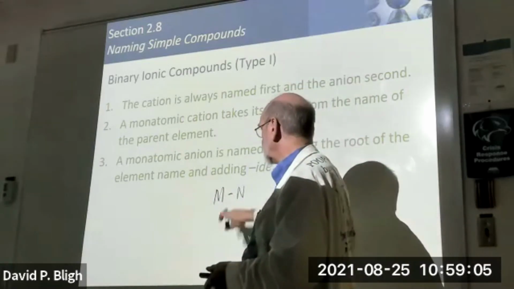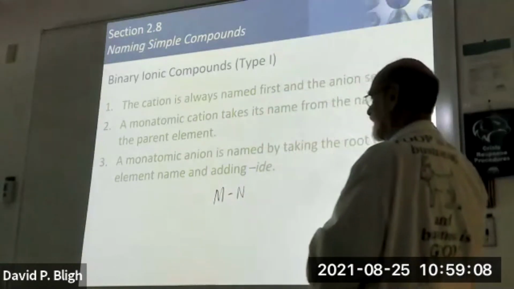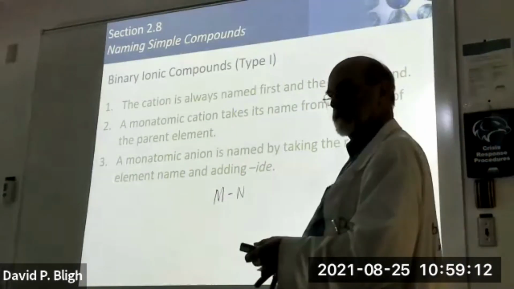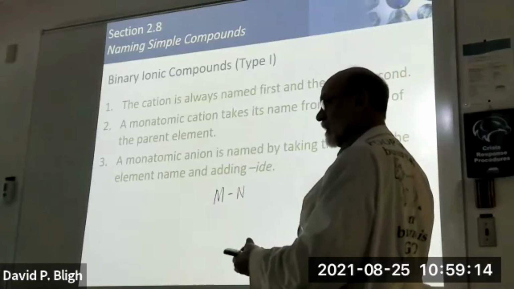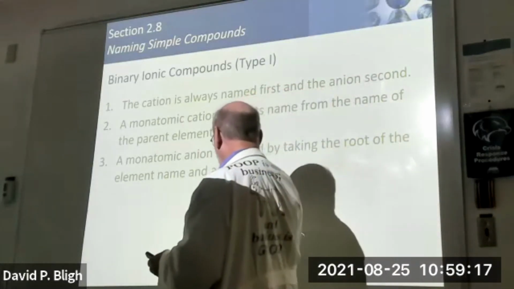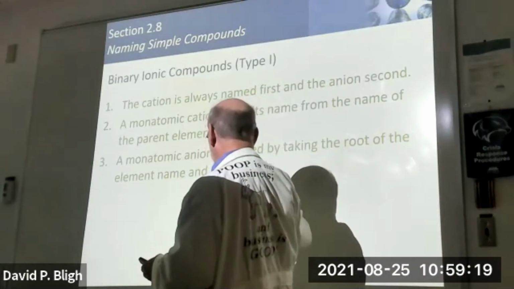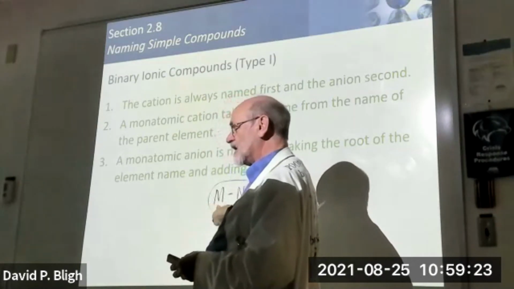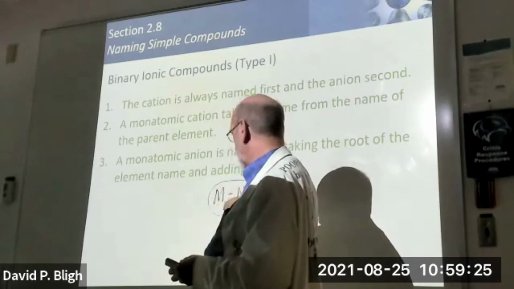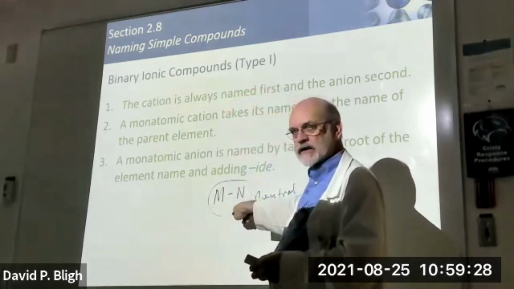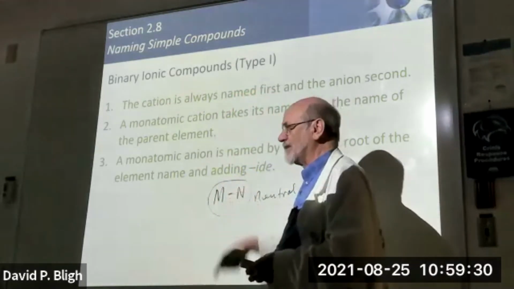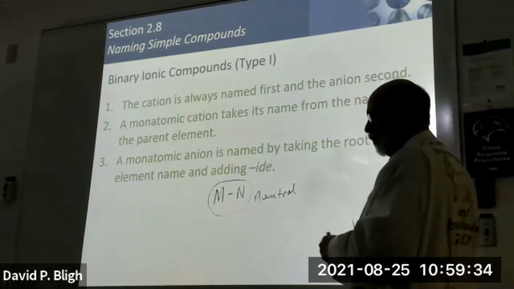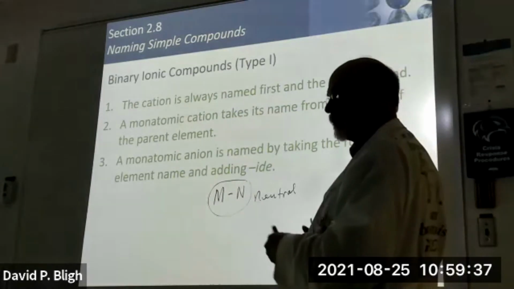The non-metal, the anion, could be anything, so it could have different charges. Since we know that the compound is neutral, if we know this charge and we know how many of the non-metal is there, we can deduce the charge on the non-metal. The non-metal could be more than one charge, but more than likely it's a single charge.